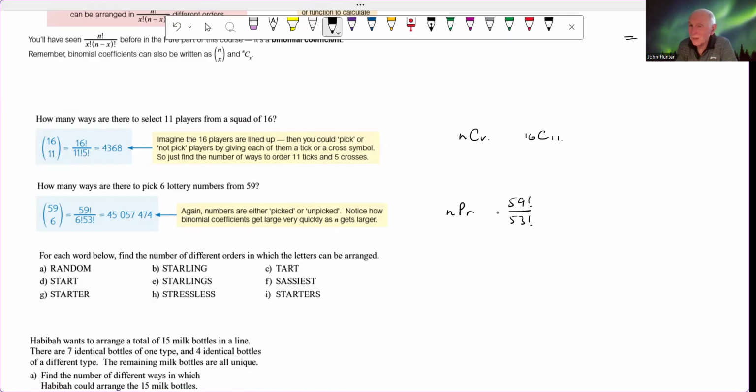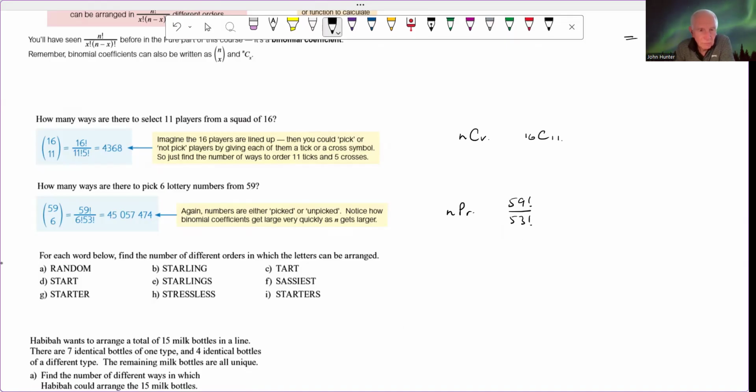So we're not factoring out the order of the lottery numbers because it may matter. Okay, so that's all part of probability and combinatorics, but we don't need that just at the moment.